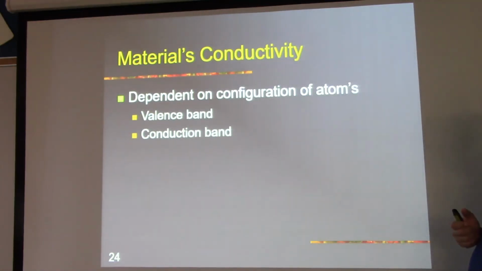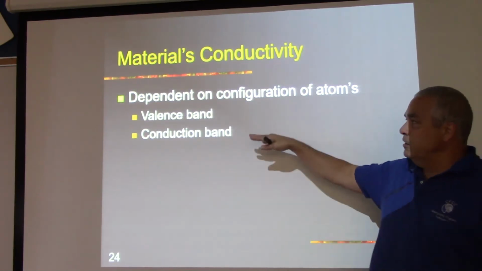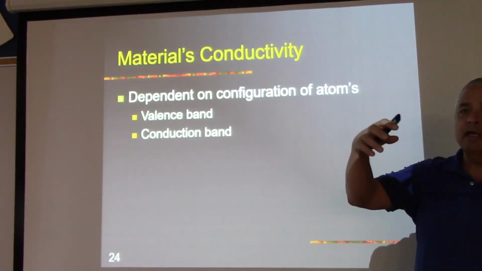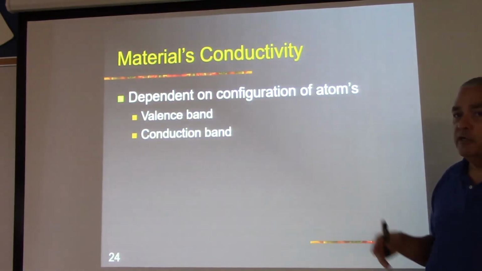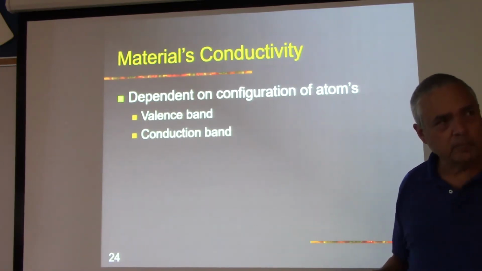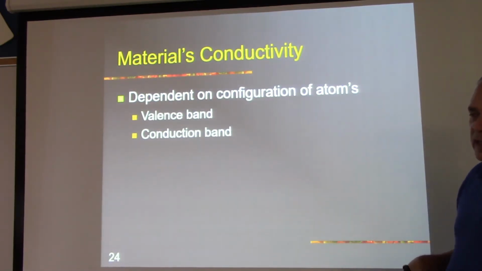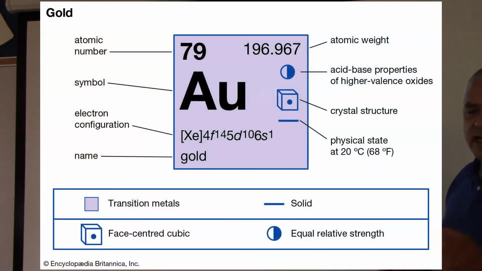Now, the material's conductivity depends on the material. The farther the valence band is from the nucleus, the easier that material is going to conduct electricity. So if we look at the periodic table, which is over there in the corner, you'll notice that there's a substance on there called gold. It's an element.